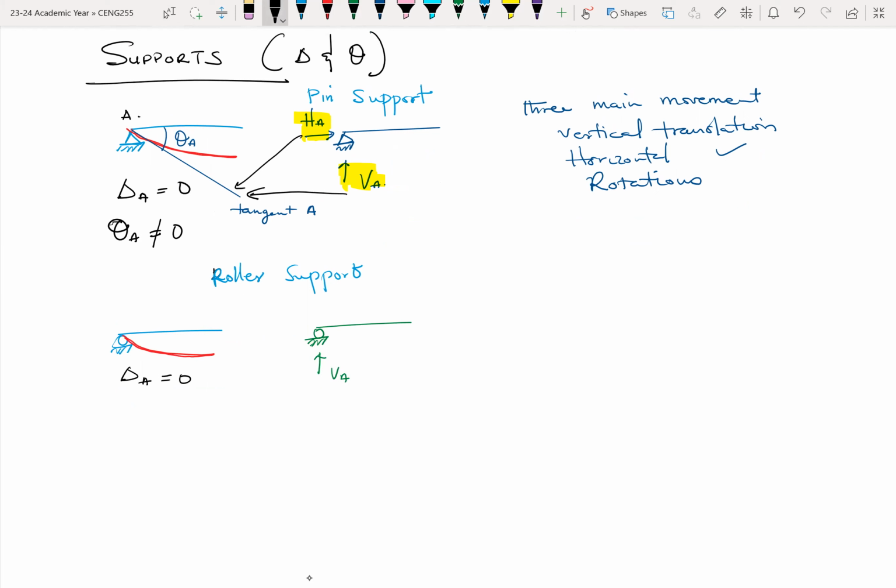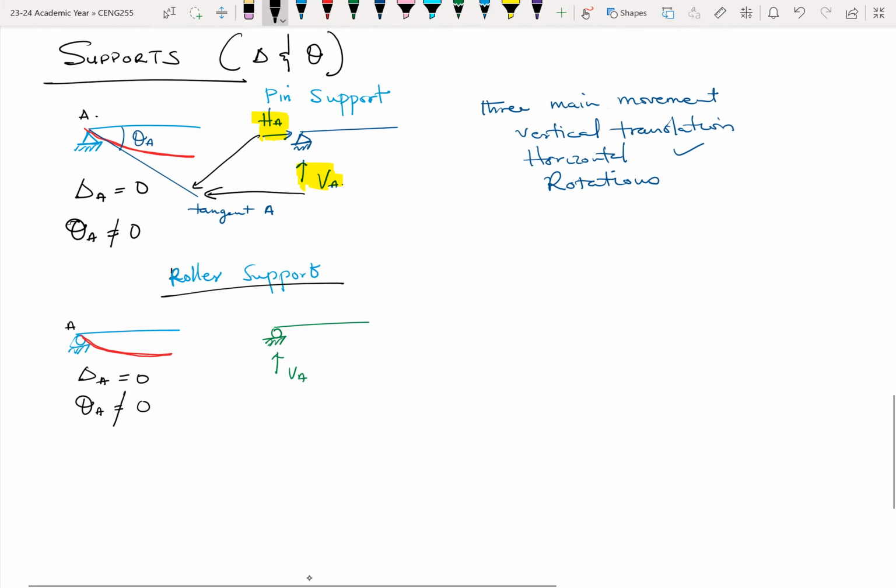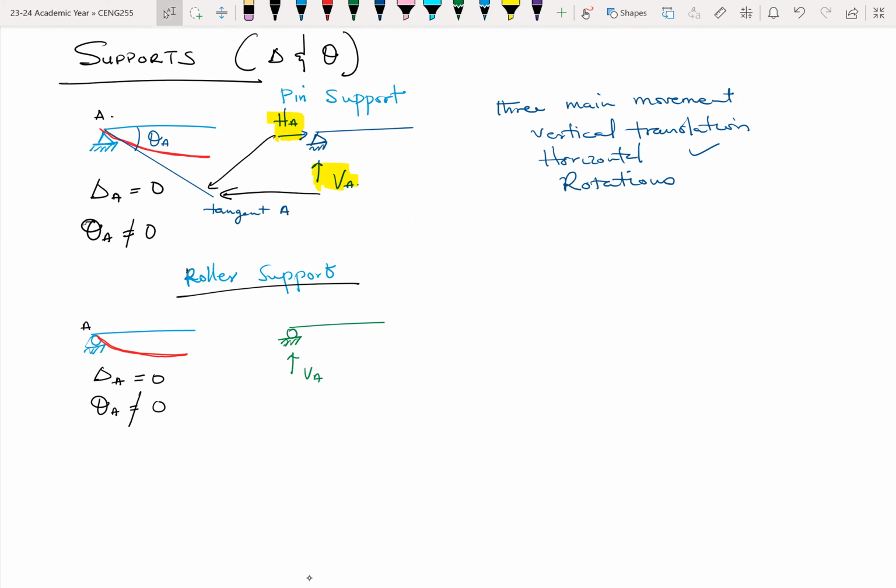Again, it has no resistance to rotation, so our rotational slope at A would not be 0. So this is for the roller support. And then we can also apply the same idea to the fixed support.